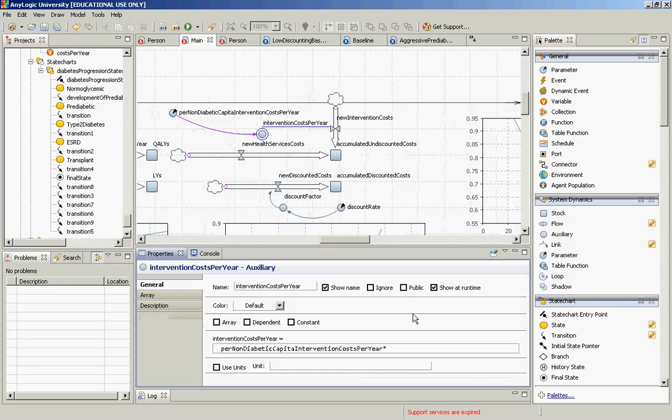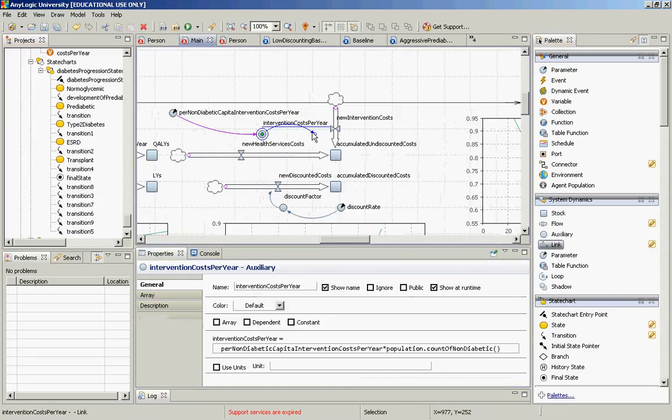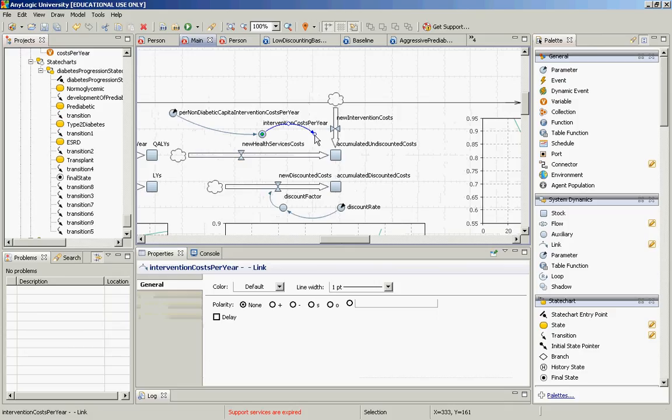We'll ask the population how many people are non-diabetic, and multiply that times the cost per year. So now we have costs that vary on a per year basis. As the number of non-diabetics shrinks, we'll have lower and lower costs for screening, for pre-diabetics, and for counseling them.